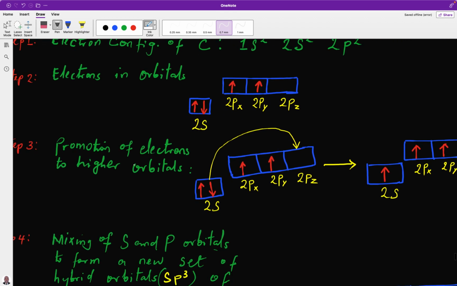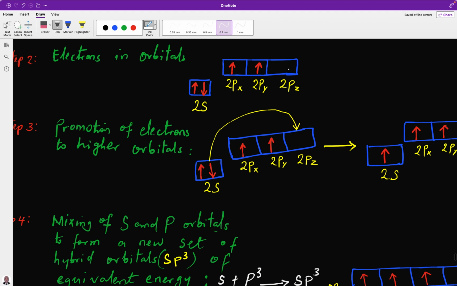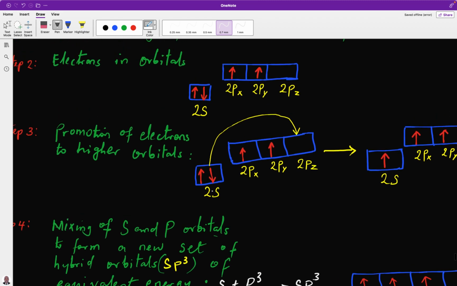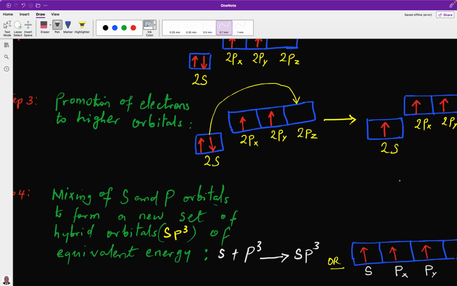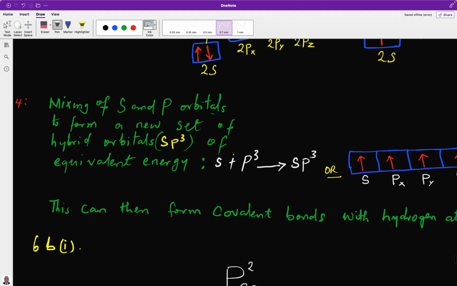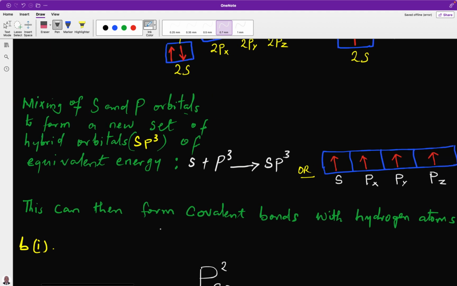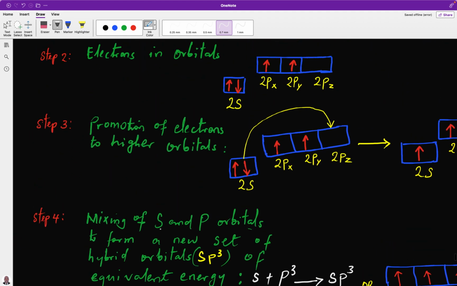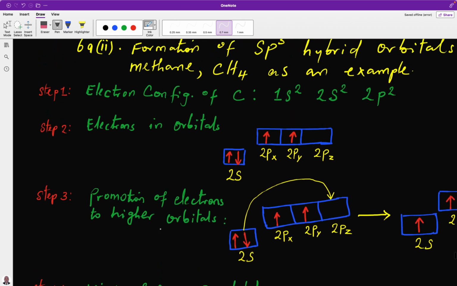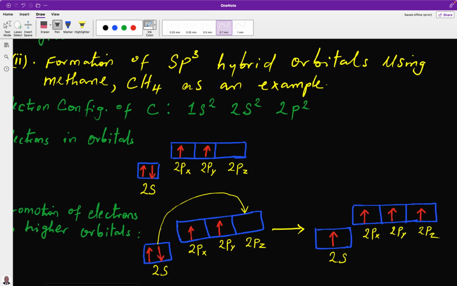Then promotion of an electron to fill the last orbital of the 2p. Now we have half-filled s and half-filled p orbitals. Mixing of orbitals to form the sp3. Then this is now available for covalent bonding with hydrogen atoms. That is just what you are supposed to do. If you do it like that, the examiner gives you all the marks.